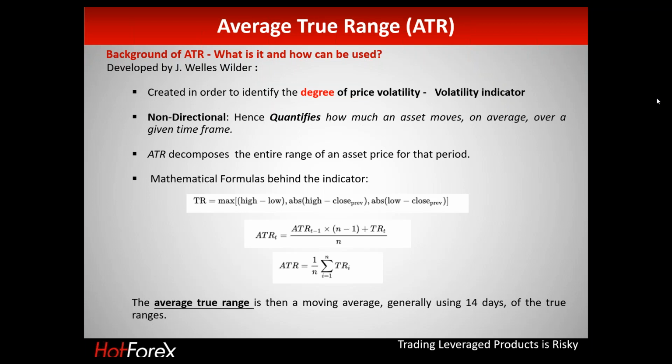That's why we're saying that the average true range is a moving average, generally using 14 periods of the true ranges. Just a bit of history: it was originally designed for commodities, at least that is what Welles Wilder is credited for, but it can be applied in the stock market and the currency market as well.